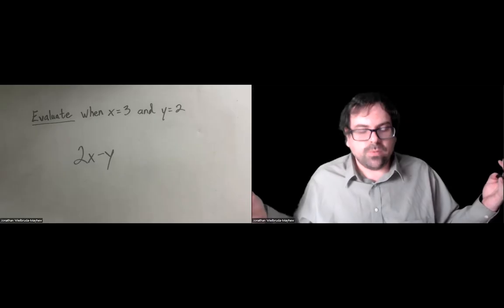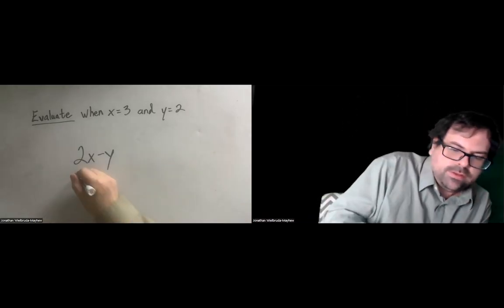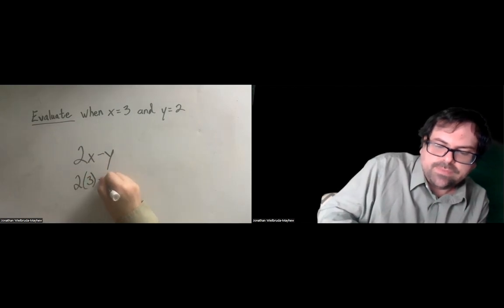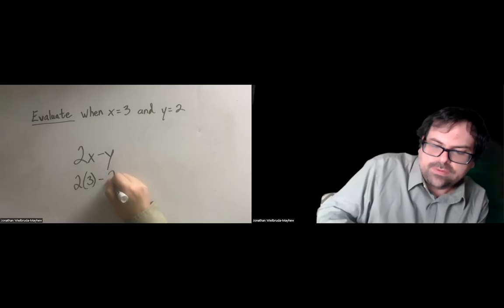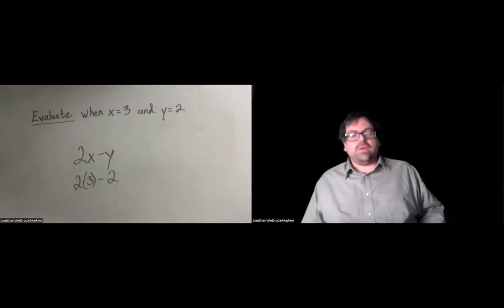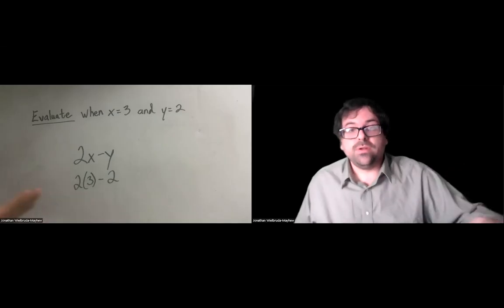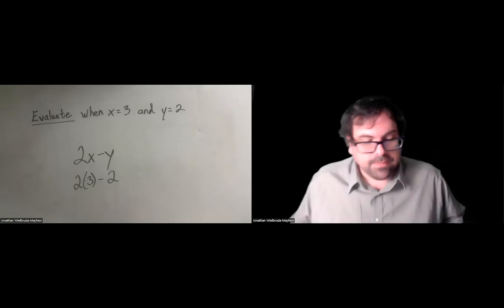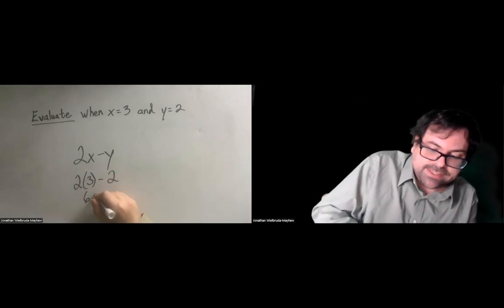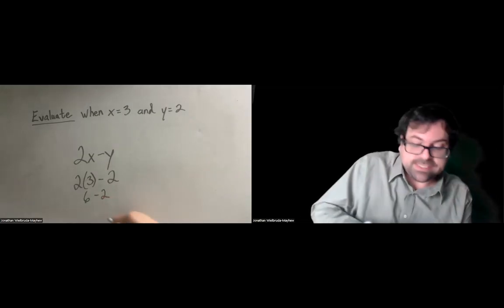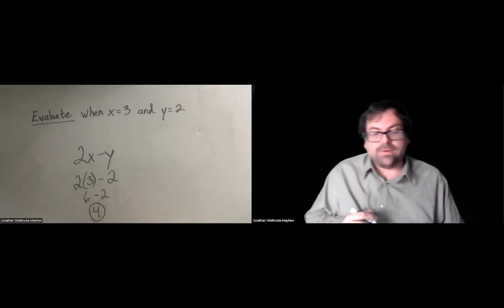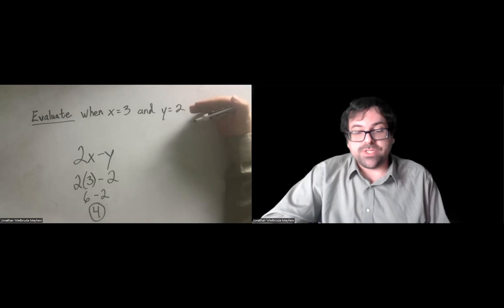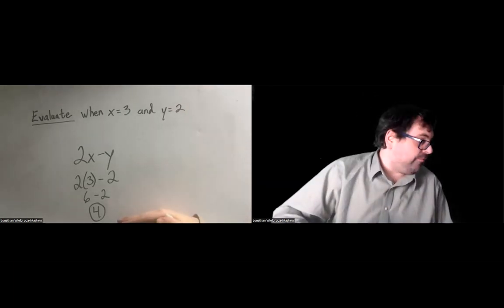What does this have to do with what we're talking about today? Once we plug the values in, we have to follow order of operations to continue to evaluate to an answer. Multiplication first, 2 times 3 is 6, minus 2, 6 minus 2 is 4. We just evaluated 2x minus y when x equals 3 and y equals 2 and got an answer of 4.